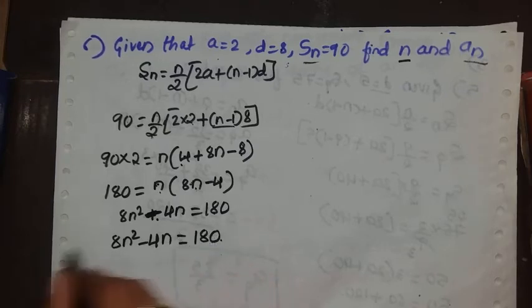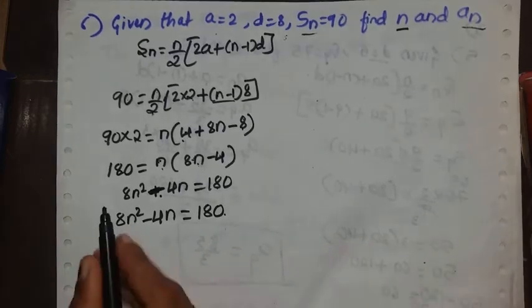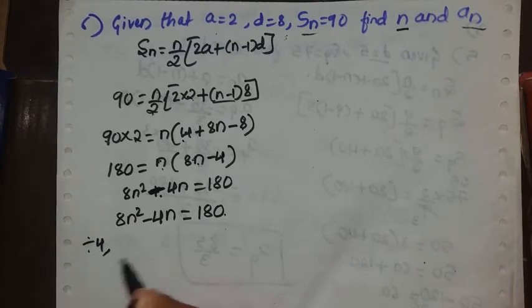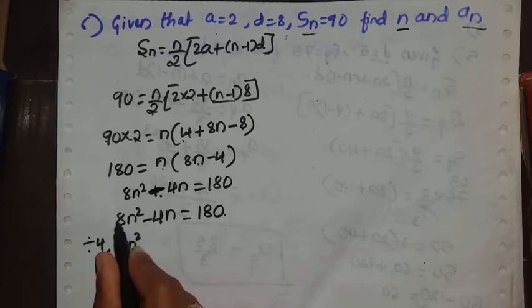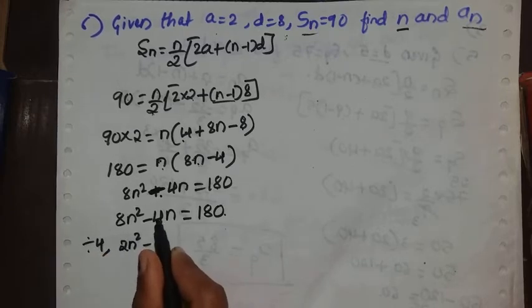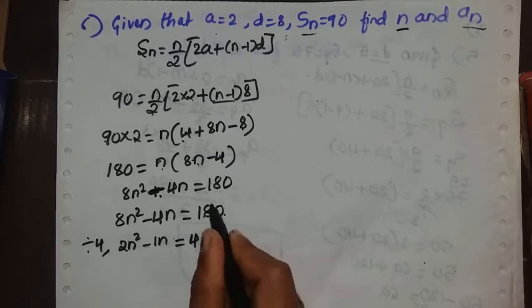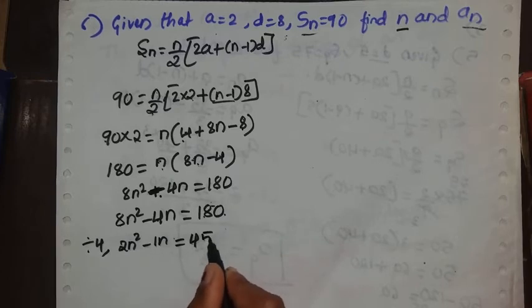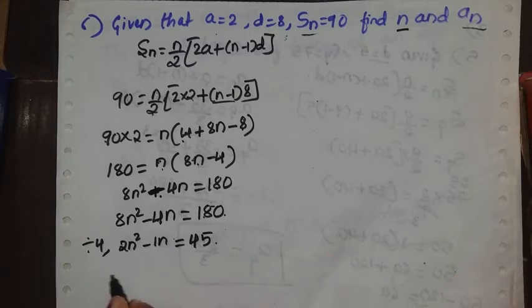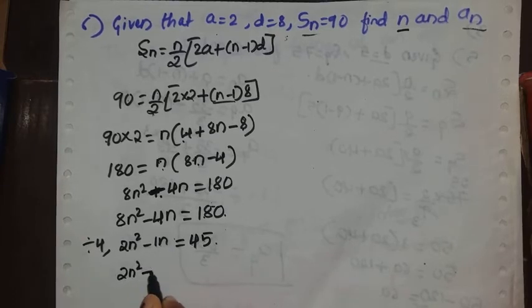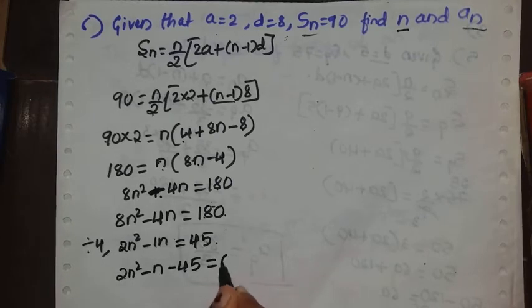I just divide the whole equation by 4. On dividing by 4, 4 twos are 8, 2n square, 4 ones are 4, 1n, and 4 forty-fives are 180, so 45. So this can also be written as 2n square minus n minus 45 equals 0.